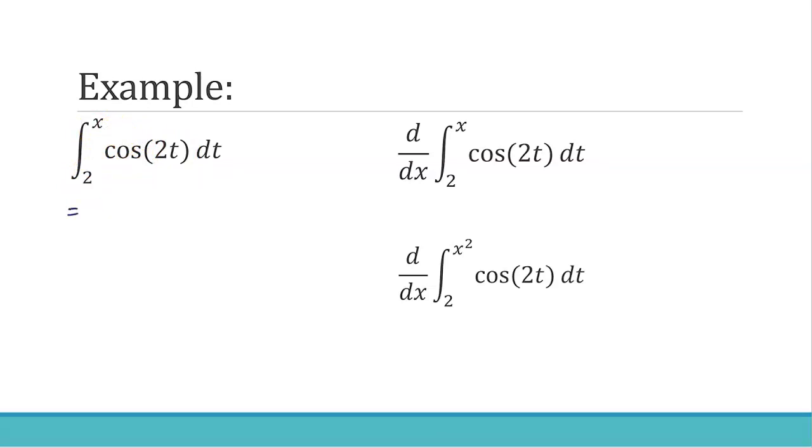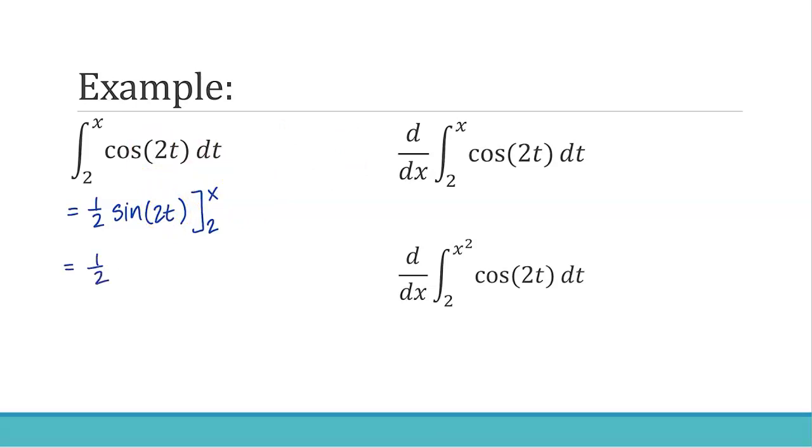So the general antiderivative of cosine of 2t is going to be sine of 2t times 1/2, and that's going to be evaluated from 2 to x. And so we plug the upper limit of integration in first, just as if it was a number.